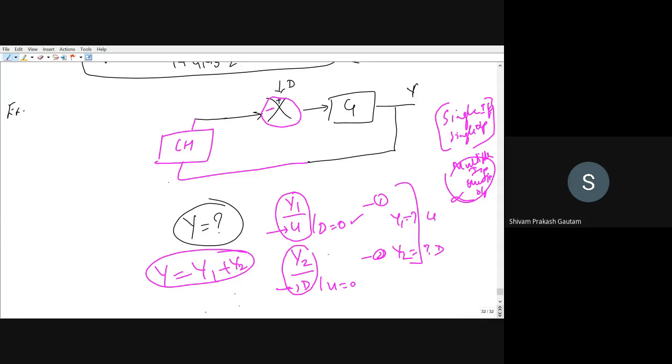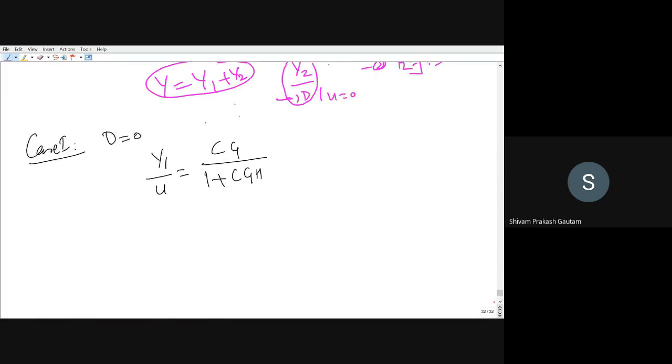Now, can you observe that this is again a feedback loop, where D is your input, G is your open loop transfer function, and CH is your feedback gain. So let me redraw the circuit. Just pay attention. Here D is your input, going to the positive block.